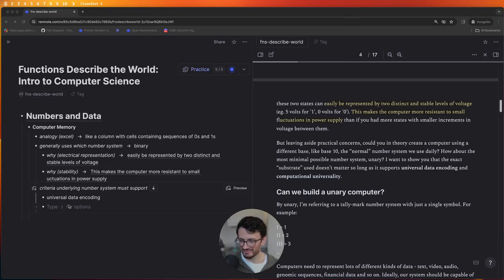Yeah, universal data encoding and computational universality. But again, you have to think of things in terms of your future self and whether you're actually really going to be able to remember these two things just based on the prompt.